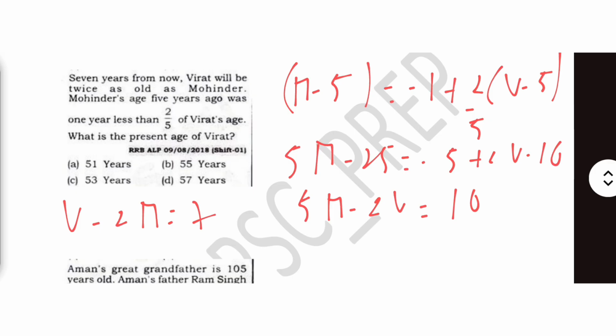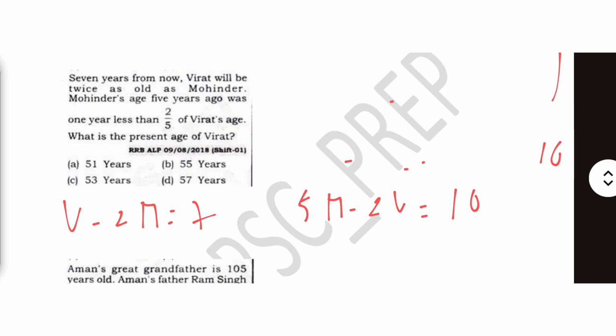Okay, so what do we have now? This plus V minus 2M equals 7. So we can make this V as 2V and balance it, so we multiply this by 2.